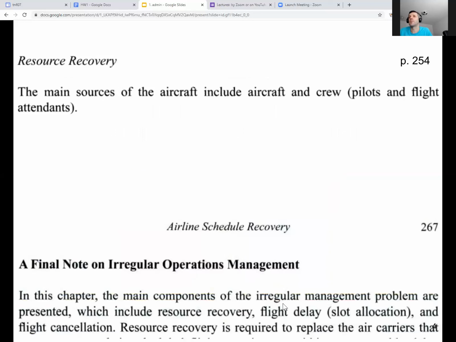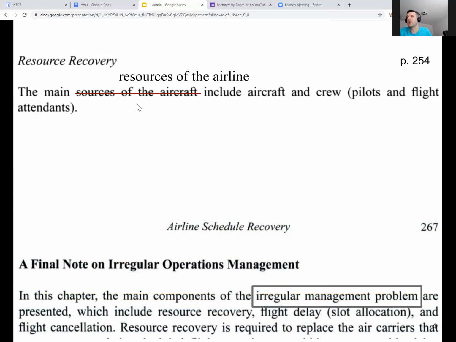Here are a couple of places in the book that I didn't quite like. It says, in the main sources of aircraft. If you really read attentively, you may wonder, what are these sources of aircraft? Probably what they meant is the resources of the airline. That's not very precise.